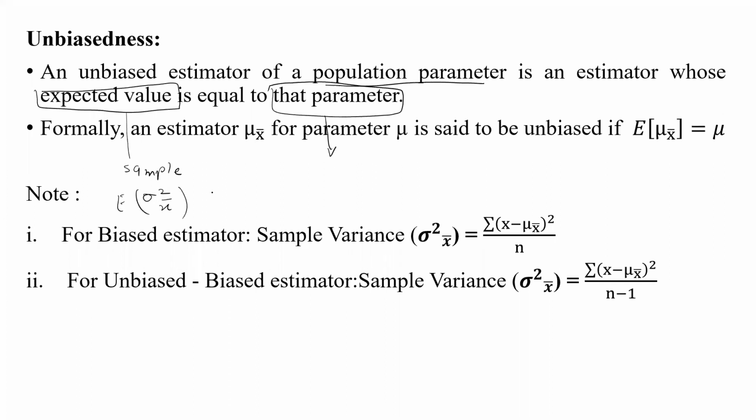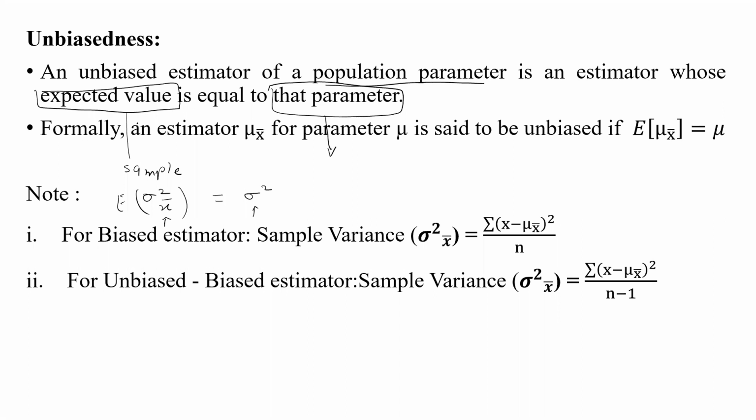For example, in this case, I have to prove that the expected value of sigma square x bar is equal to sigma square. Sigma square x bar is the variance of the sample and sigma square is the variance of the population. Parameter means for the population and the statistic is for the sample. We have seen that.